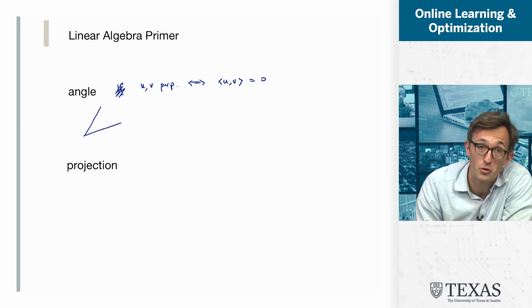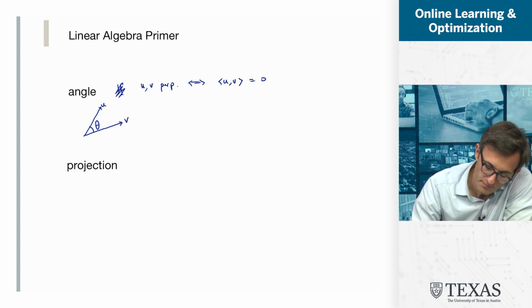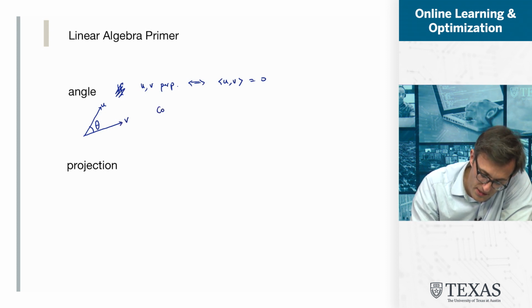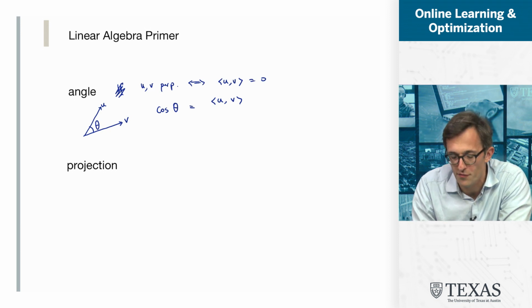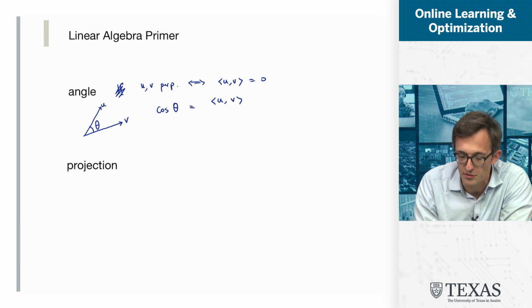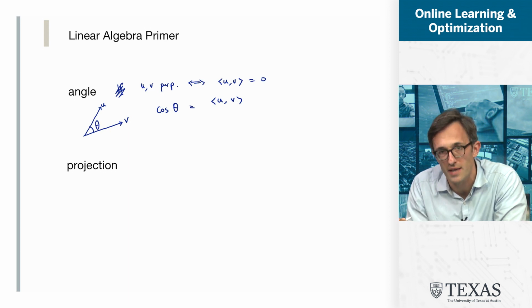And this doesn't have to hold only for two dimensions. If I call this angle theta between vector u and vector v, then the cosine of theta is equal to the dot product of u and v, except I need to normalize for the length of u and v. Because note that here, if I double the size of u, remember the formula for the dot product, it's just going to double the size of that.